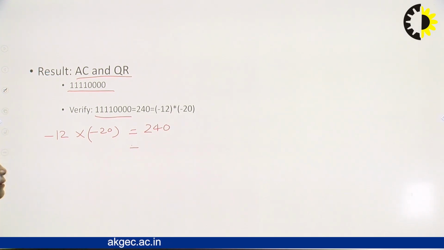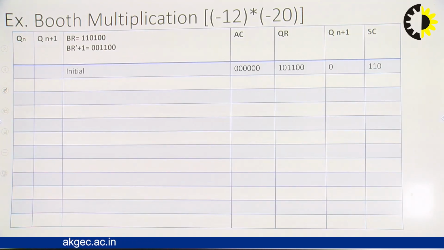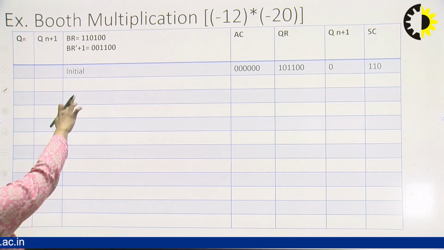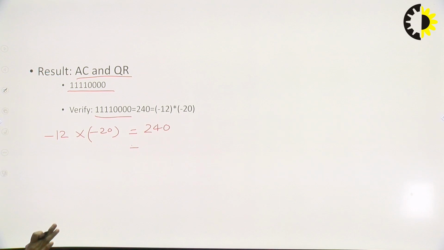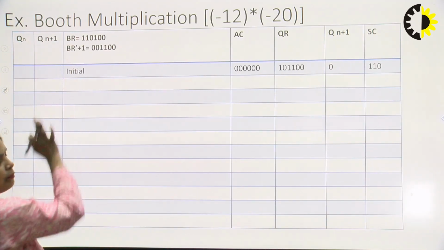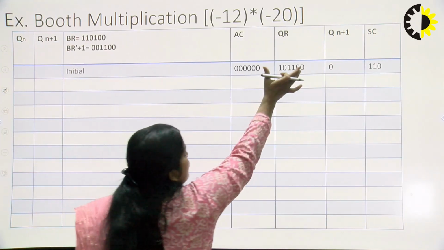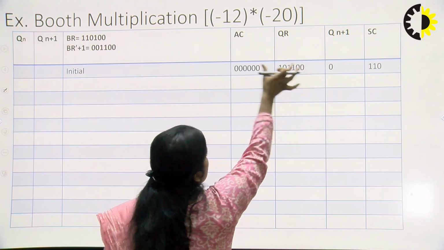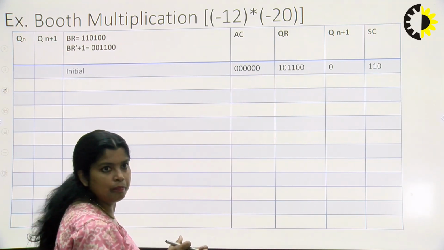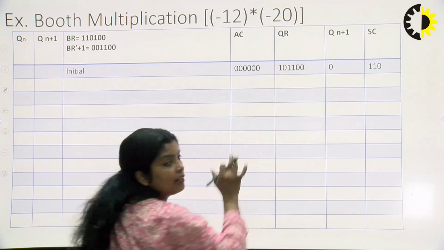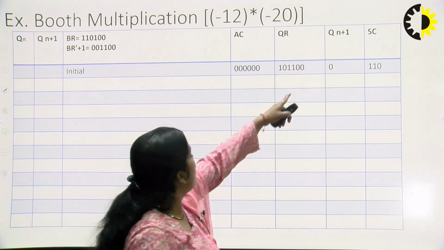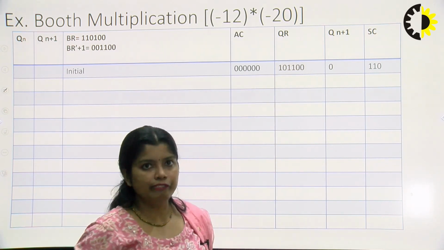Now, this is a simple example. First we have to repeat this. Initially, in the Booth algorithm, you are taking the BR and BR complement plus 1. Whatever the size of the QR register, you are taking the 6-bit. If the QR register has a 5-bit value, you have to consider the accumulator as having a 5-bit value.